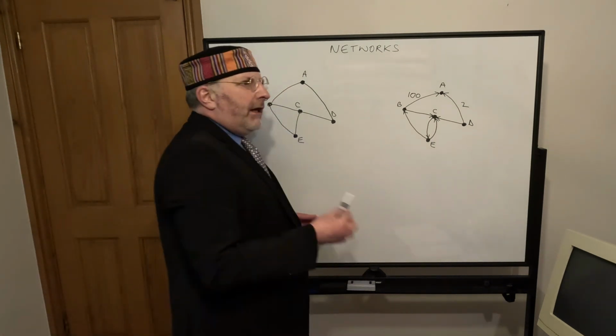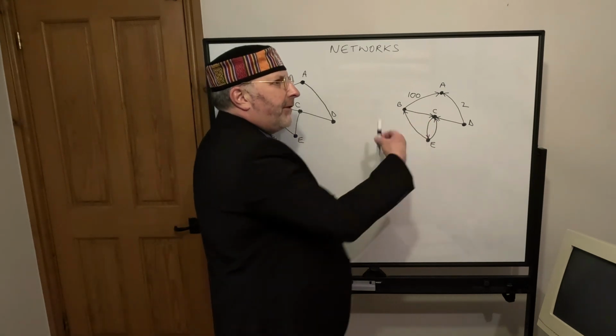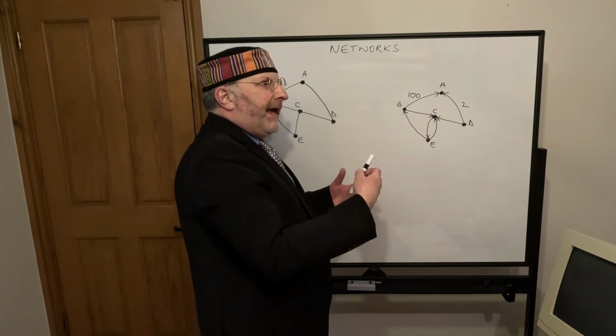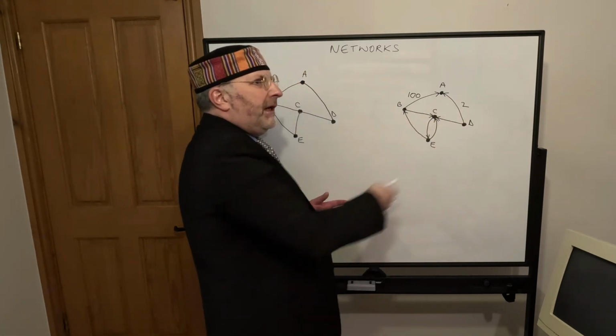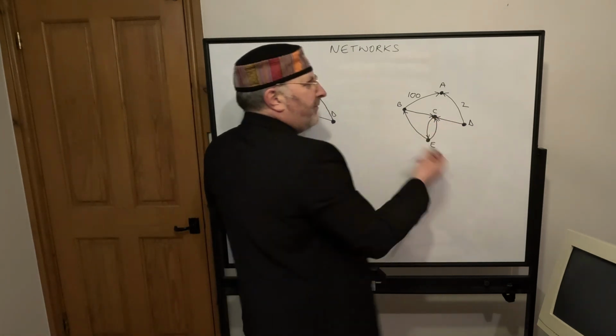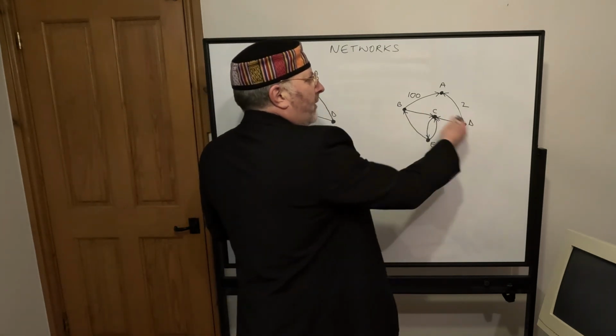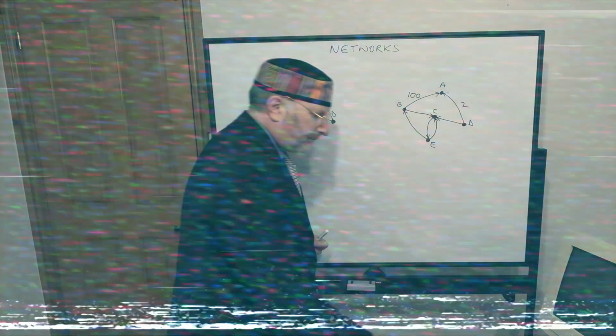And the way people analyse weighted networks like this is often to see how the network behaves if we take away links that are below a certain strength. So we see how different the network looks if we take away those links that are, as I say, below some threshold.